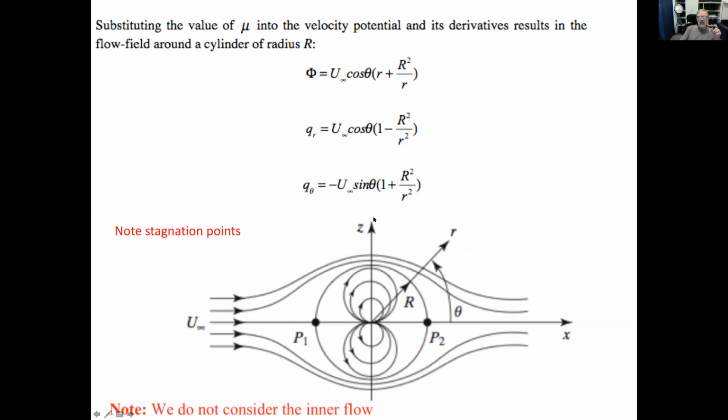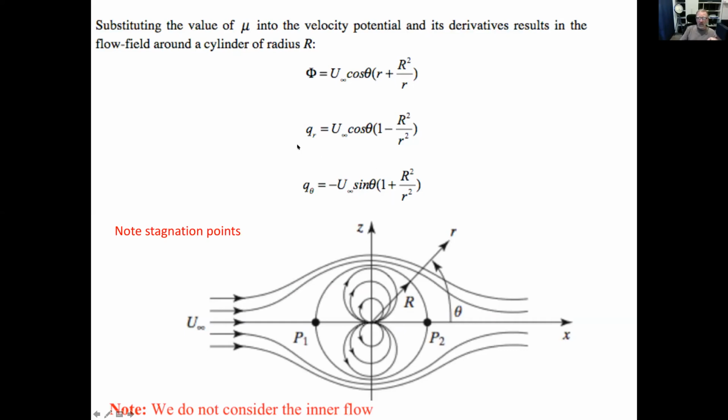Then we looked at the velocity in the radial direction, and it had a plus minus sign. So we tried to make it equal to zero, and it turns out that when r is equal to a certain amount of mu, then we can get zero normal velocity. So we replace that mu, and eventually we end up with this formula.